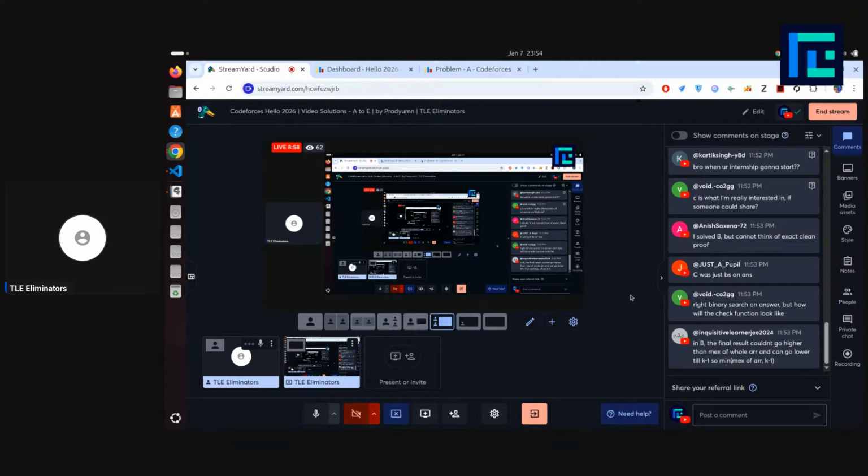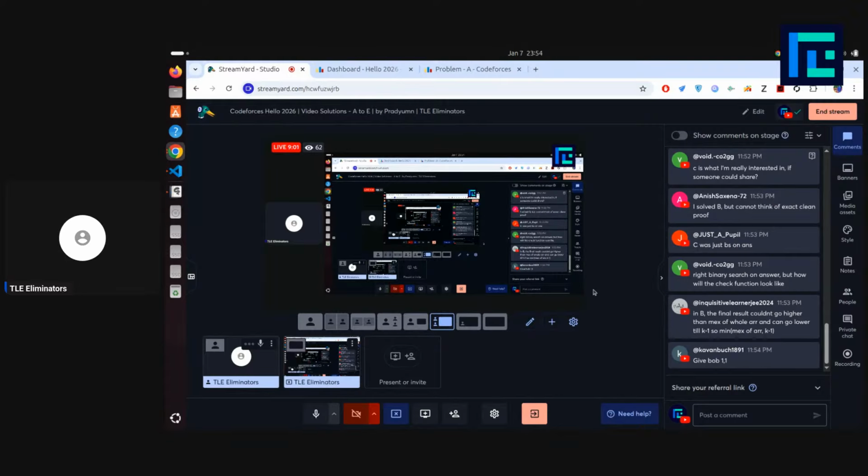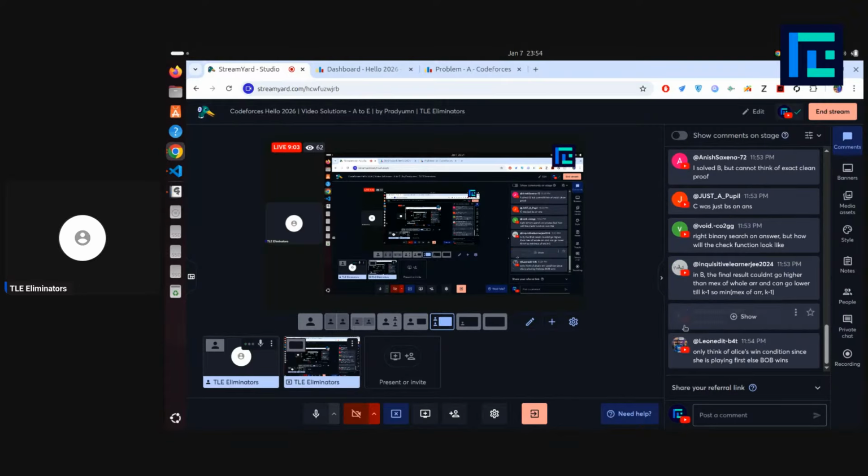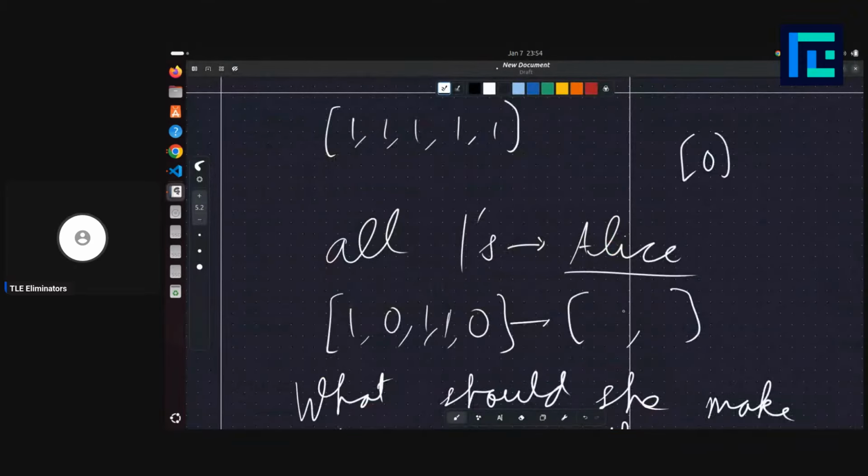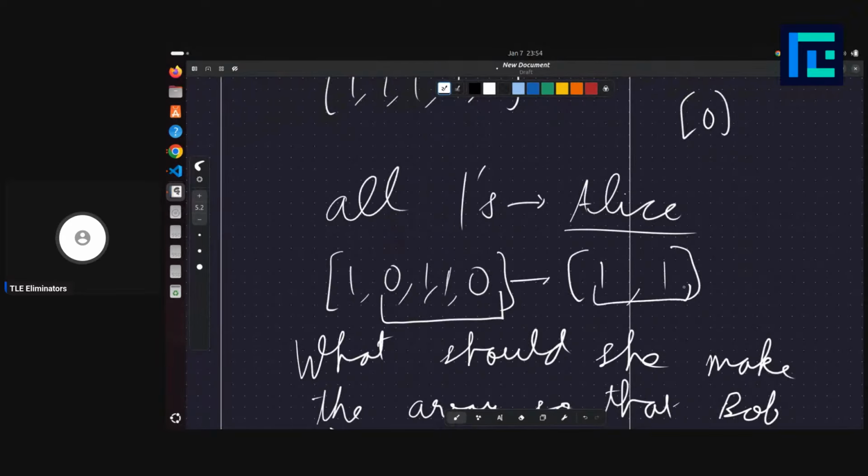Can you tell me? 1 1. Yes. If Alice gives Bob 1 1, she can choose this subarray and give Bob 1 1. And then Bob will have no other option. He'll have to choose this L and R and convert it to 0.